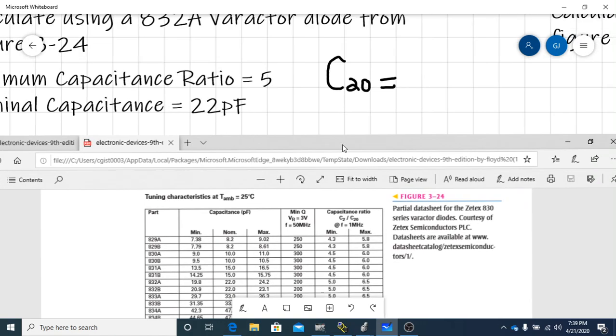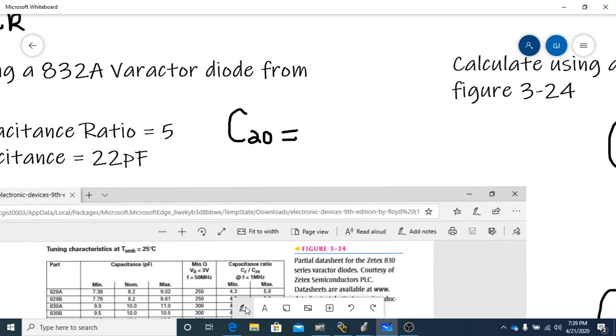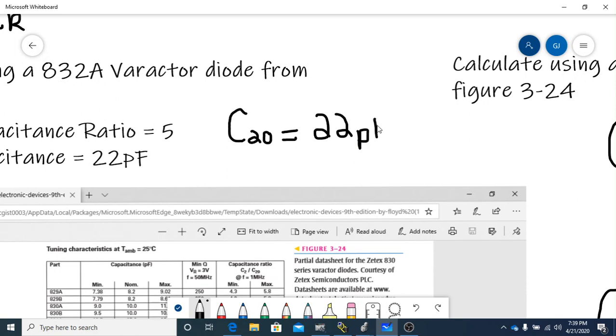So we're going to put in there 22 picofarads. Now this right here should be an easy one because it's the one out of the book. And then we're going to be dividing that by the turns ratio. This should give us 4.4 picofarads.